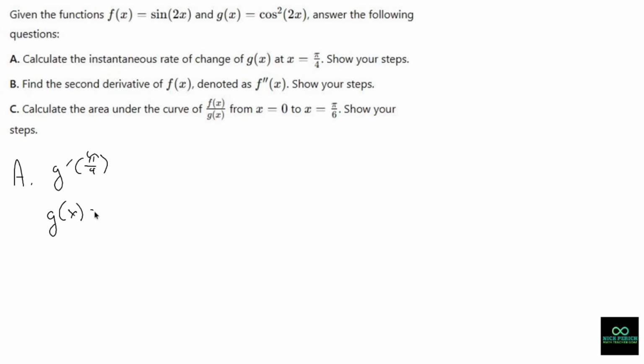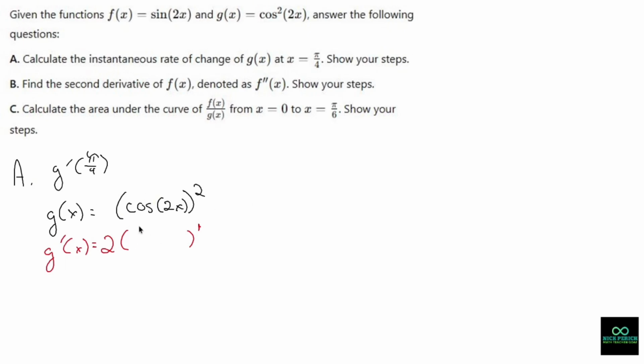Now g is cos squared 2x. I'm going to rewrite it like this because it helps me understand it better, because I'm going to be applying chain rule to this guy. So we have cos 2x squared. Now chain rule says that we take the derivative of the outside, which means we drop the 2 in front, right? Make that an invisible 1, which we'll clean up in a bit.